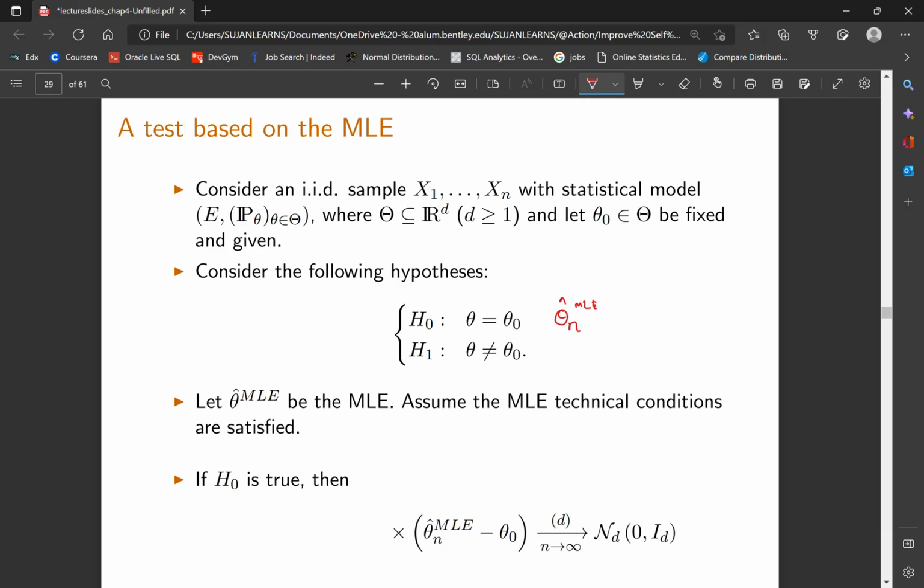So what we are saying is that we have theta naught and we have theta, and we need to estimate the distance between these two. That's how we will estimate this.